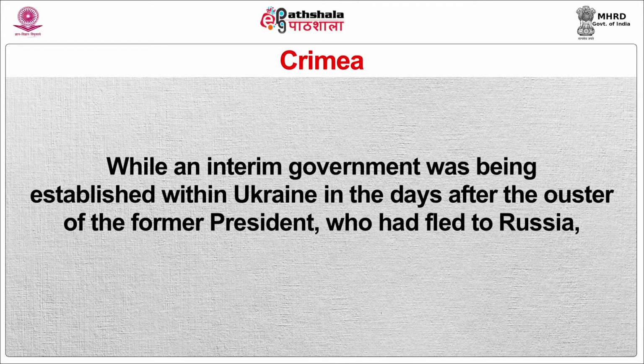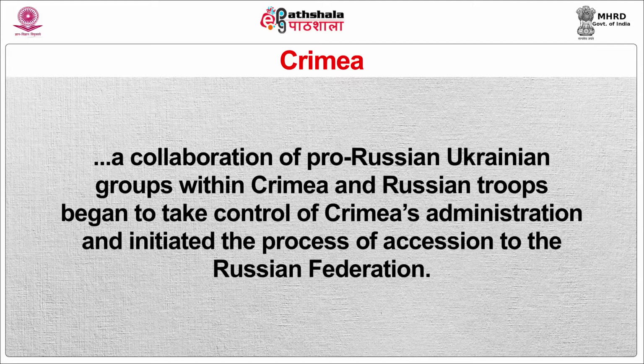While an interim government was being established within Ukraine in the days after the ouster of the former president, who had fled to Russia, a collaboration of pro-Russian Ukrainian groups within Crimea and Russian troops began slowly but surely to take control of Crimea's administration, and they initiated the process of accession of Crimea to the Russian Federation.